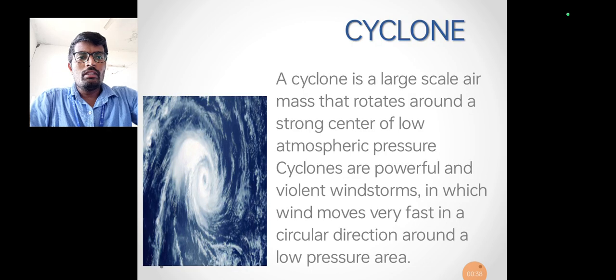Now coming to the first exogenous hazard, which is cyclone. A cyclone is a very large scale air mass that rotates around a strong center of low atmospheric pressure. These cyclones are very powerful and violent windstorms in which wind moves very fast in a circular direction around a low pressure area.